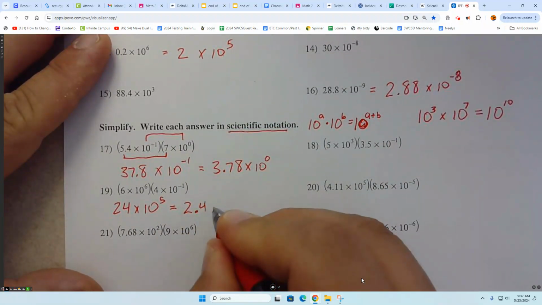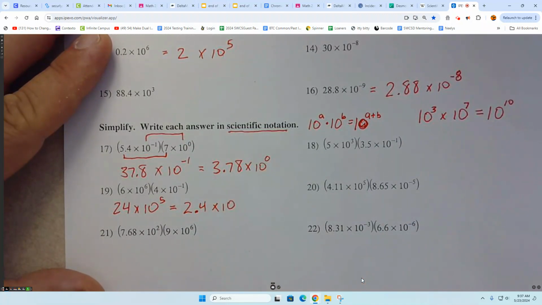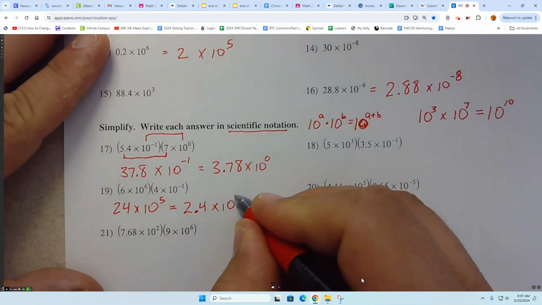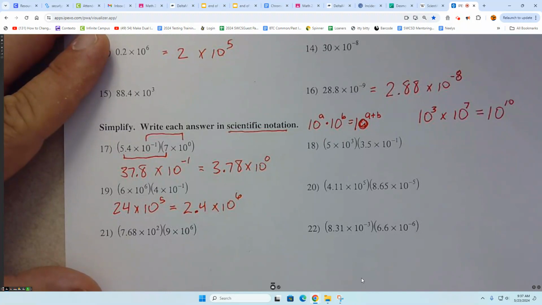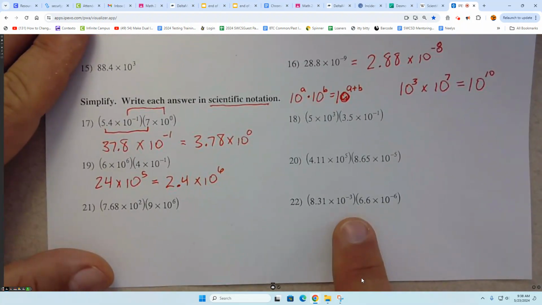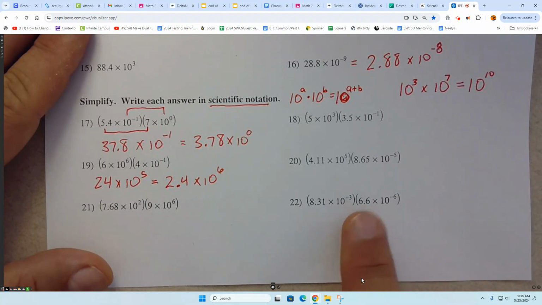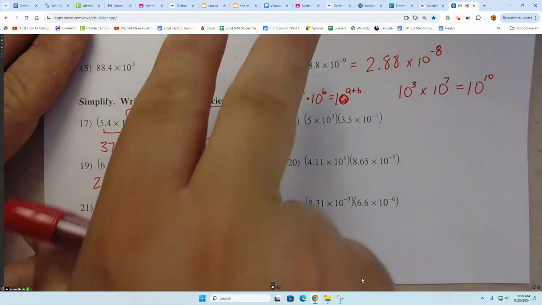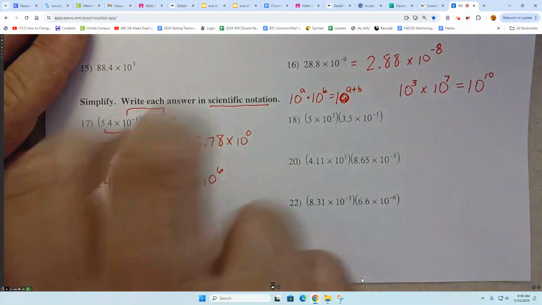It's 2.4. Did it borrow a 10 or is it giving a 10? So that changes it. I don't want to do this one. I think we don't have to. I kind of understand what it is. But tell me what the power is going to be. Negative 9. It'll be 10 to the negative 9 when you add those. Okay, cool. So good there.